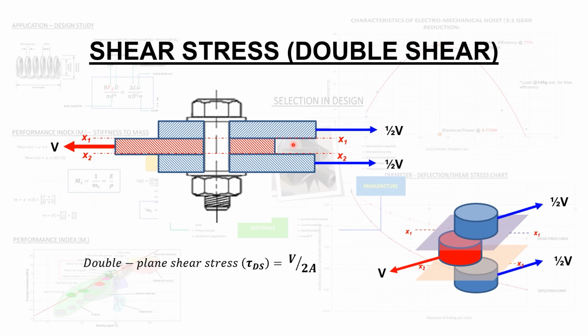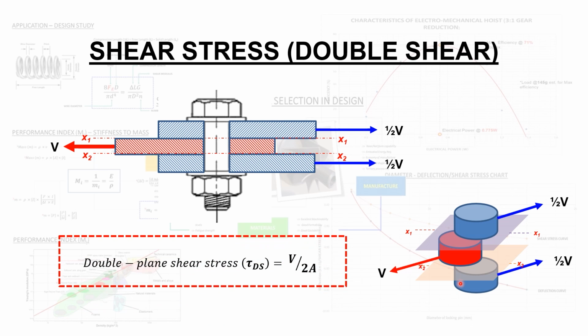Okay? Thus, in calculating for double shear, which is represented by the subscript ds, tau ds is equal to half, because we're looking at the shear at each interface. So that'll be half V divided by A, and because 2 is in the denominator, that transposes to give V over 2A.